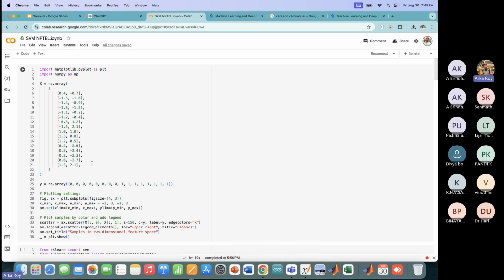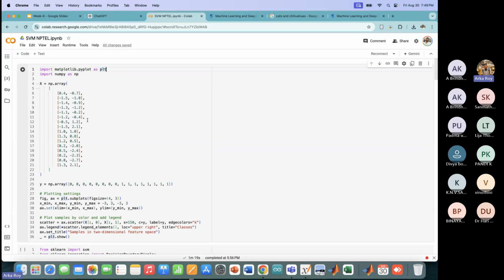So let me start with this example, and I will walk you through what I have done. In general, we first have to import some libraries for basic data handling. I import matplotlib.pyplot, which helps you plot and visualize the data. Then I have imported NumPy, which handles basic array or matrix operations.